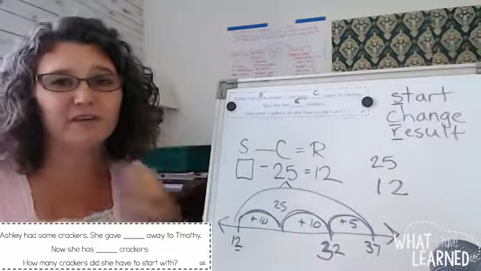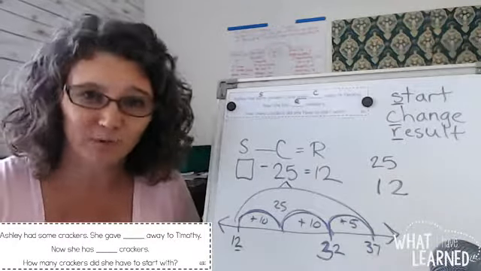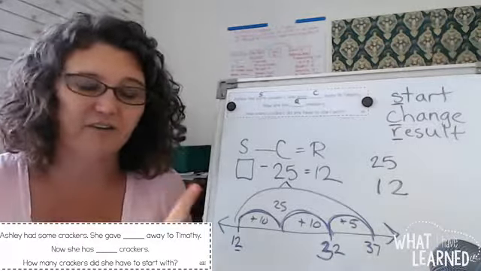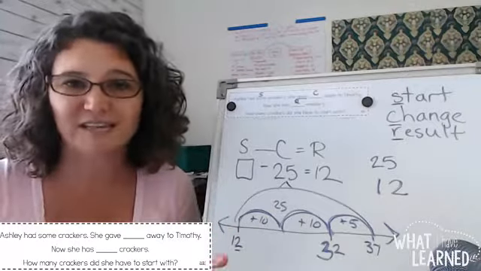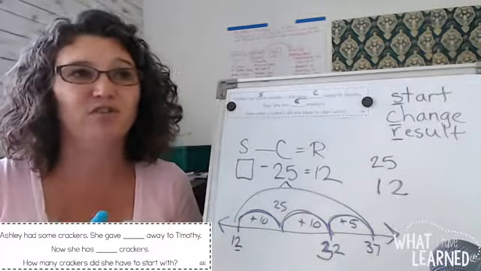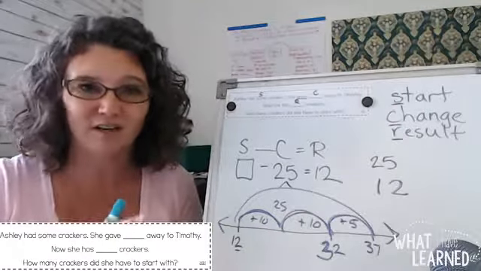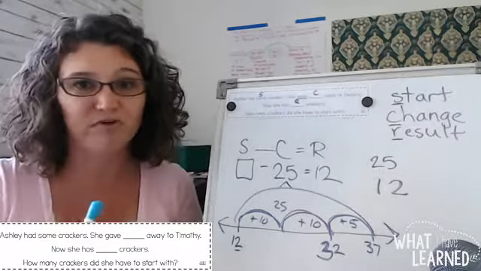So those are the three different problem types for separate word problems. There is a separate result unknown, which is often the easiest one to use with students, and it is most commonly taught in kindergarten, first grade, often review for second grade.